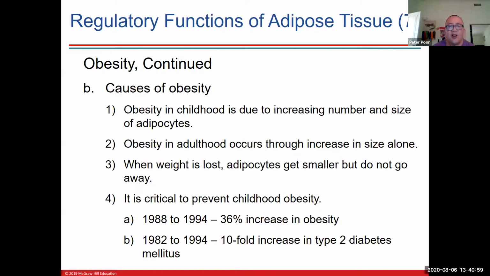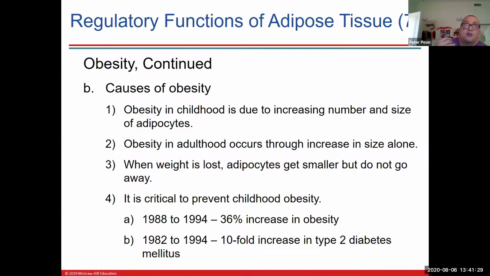Obesity in childhood is due to an increasing number and size of adipocytes, while obesity in adulthood occurs due to size alone. When weight is lost, the cells get smaller, so they lose some of the fat, but they don't actually go away. You can see the increase in childhood obesity and the tenfold increase in type 2 diabetes.